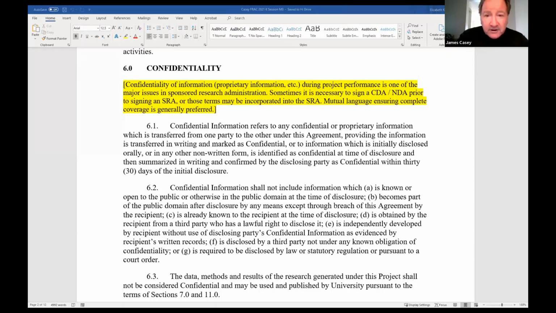And I think if you work at a university like UCF, for instance, or Northwestern, where I worked in my career, the big research universities, obviously there are established procedures and established templates in the non-disclosure realm.